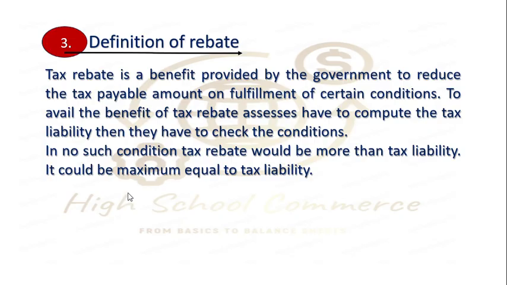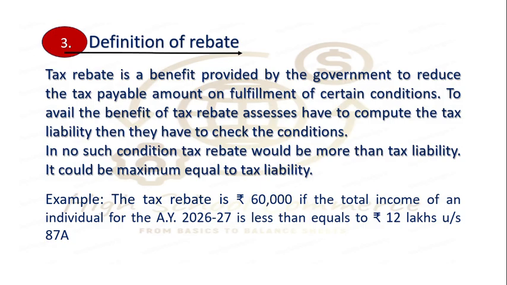For example, from the assessment year 2026-2027, the government has given tax relief under section 87A of 60,000, provided the total income of the assessee after all the exemptions and deductions does not exceed 12 lakh.